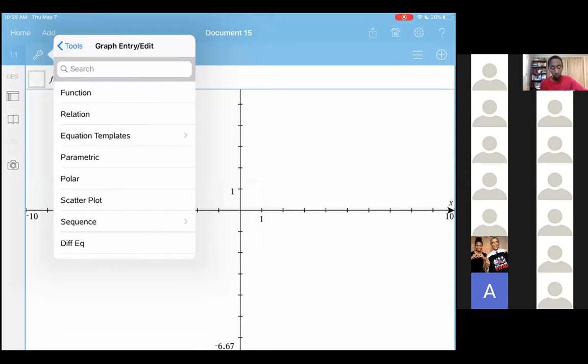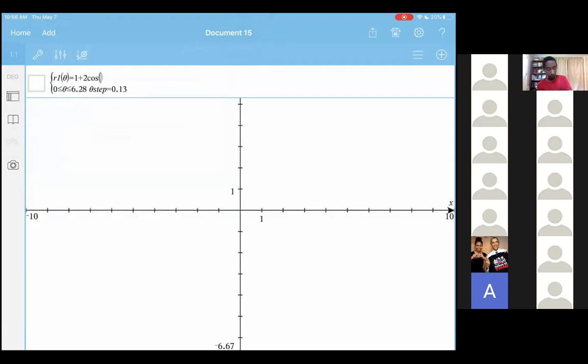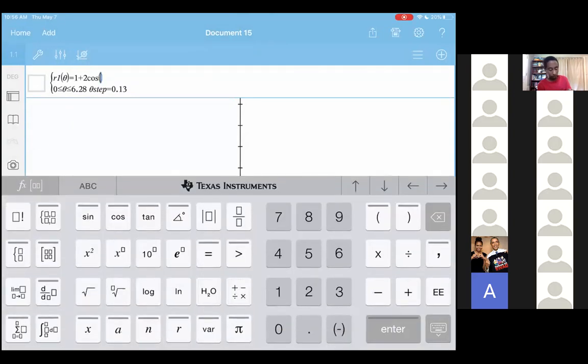So if you go to polar right here, you'll say r equals, and let's say we wanted to type 1 plus 2 cosine of theta. Where's theta on here? Hold on, this is not like my actual calculator.